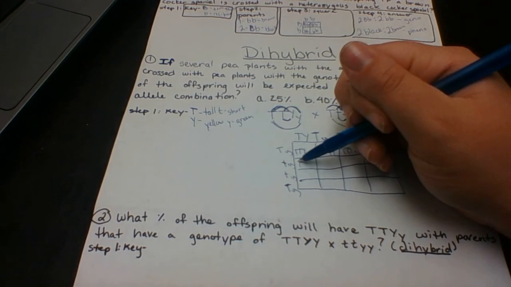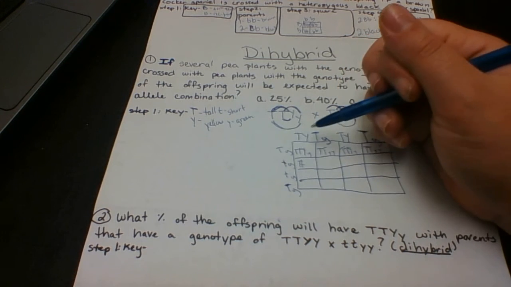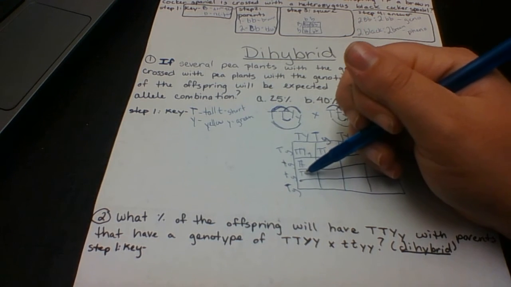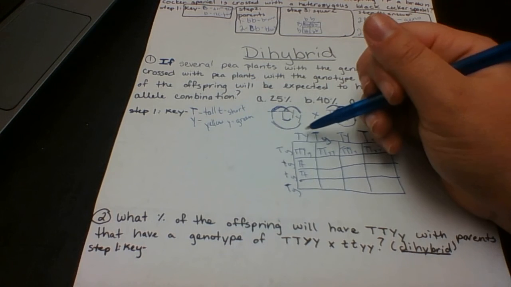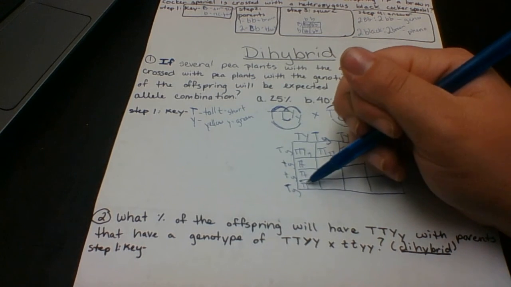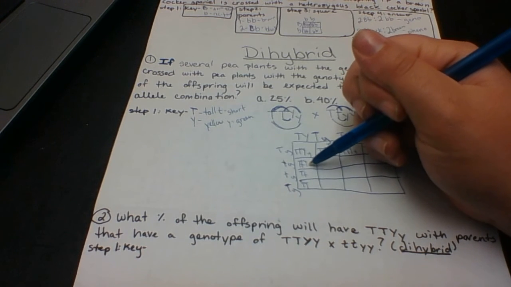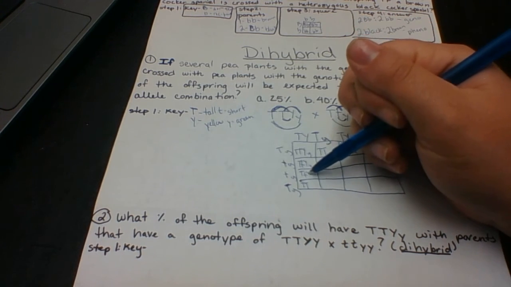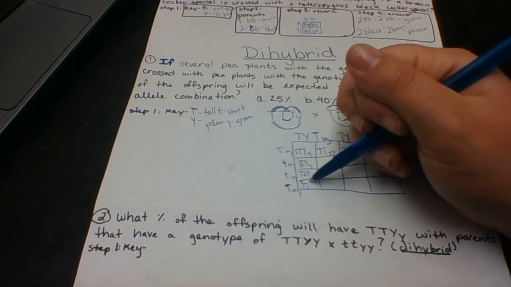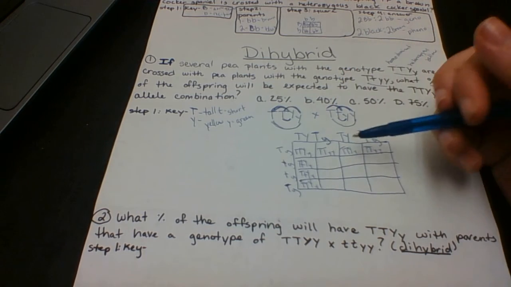Okay, this case is big T, little t, big T, little t, big T, big T. Okay, you could do it this way too. Big Y, little y, big Y, little y, big Y, little y.